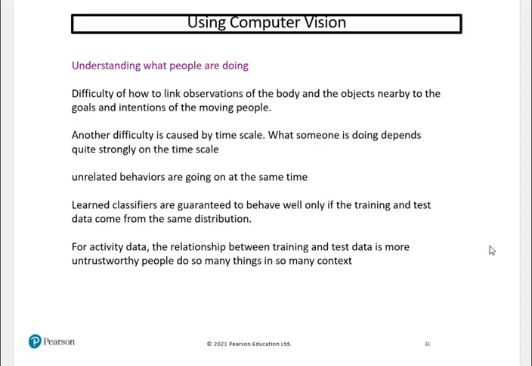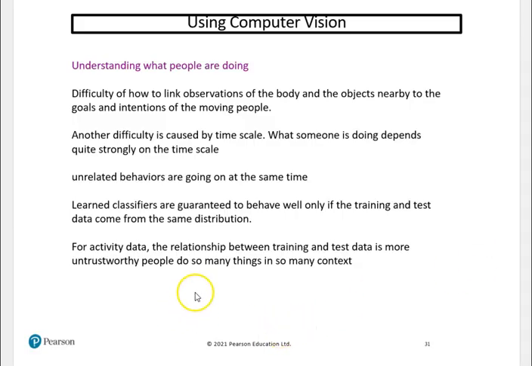Learned classifiers are guaranteed to behave well only if the training and test data come from the same distribution. Which means that if you train your computer vision network, say, in a cloudy environment only, and then take that network and try to do object recognition in a sunny environment, it's not going to work well because your training data came from one distribution, which is mostly cloudy, with specific intensity distributions for the pixels, but your production data is coming from a totally different distribution.